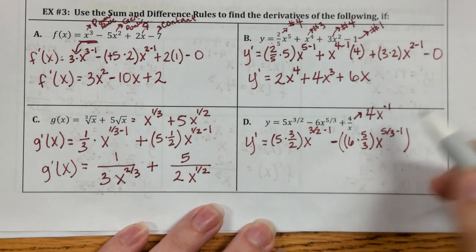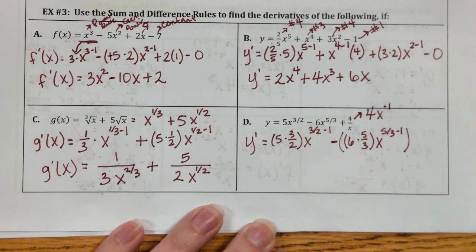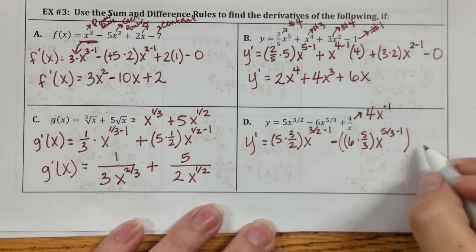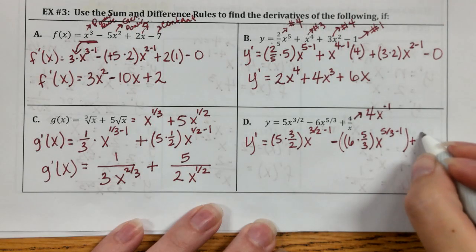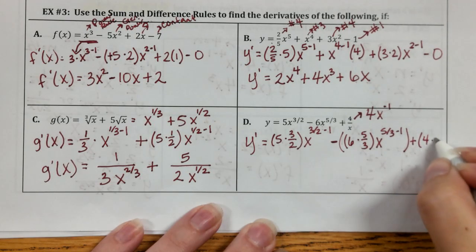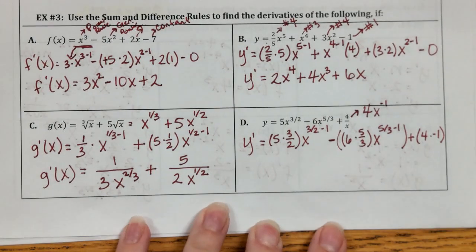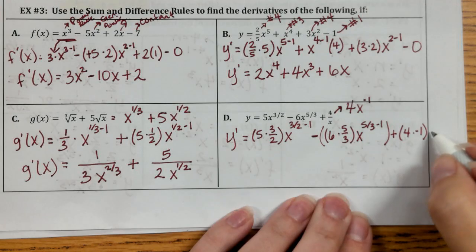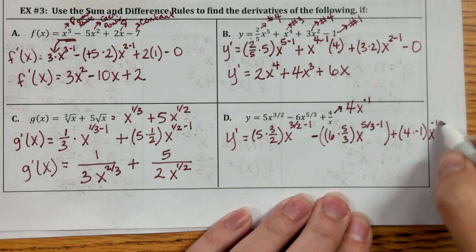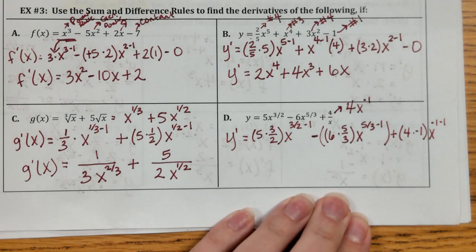This is 4x to the negative 1 power, so we're doing another general rule. So I'm doing 4 times negative 1, times x to negative 1 minus 1.